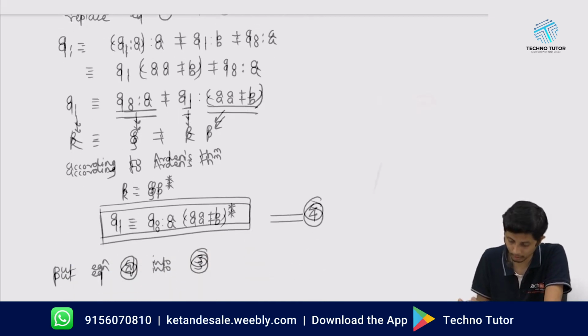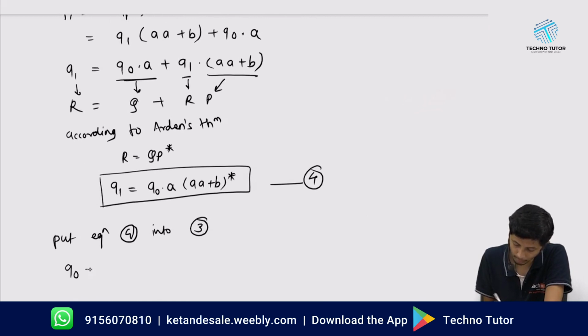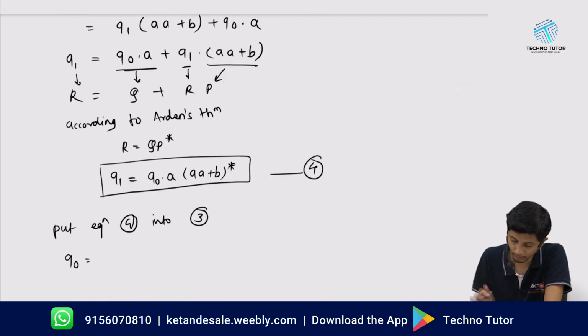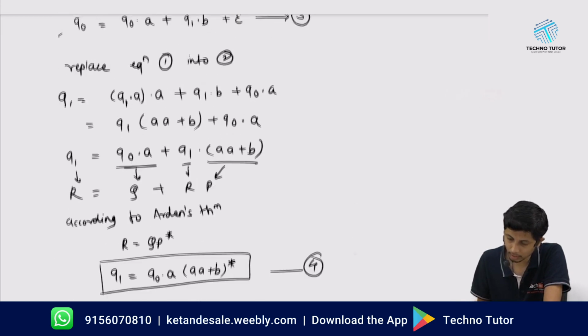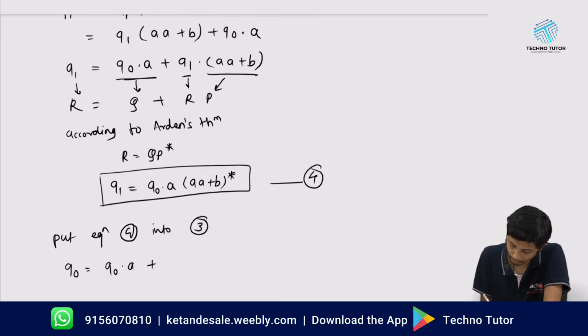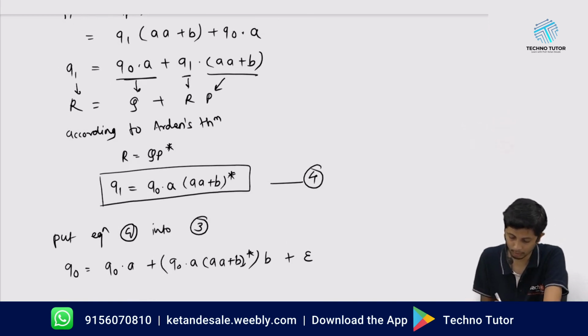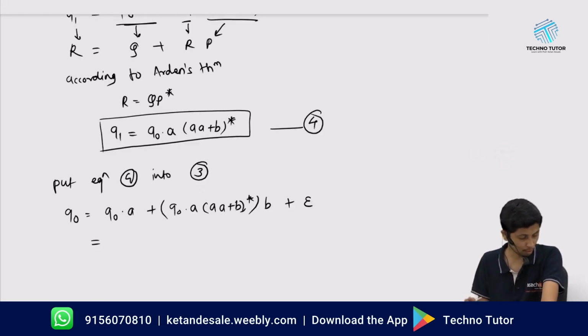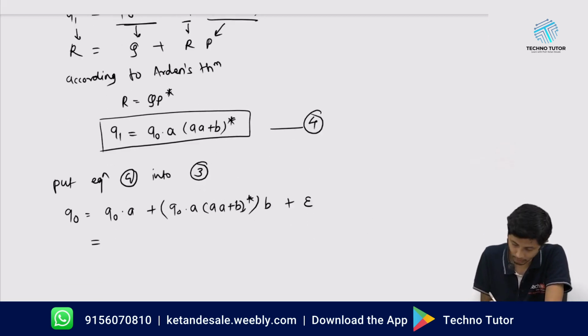Equation 3 is Q0 is equal to Q0A plus Q1B plus epsilon. Now we put the value of Q1 here. Now we will try to solve it and see what we get.